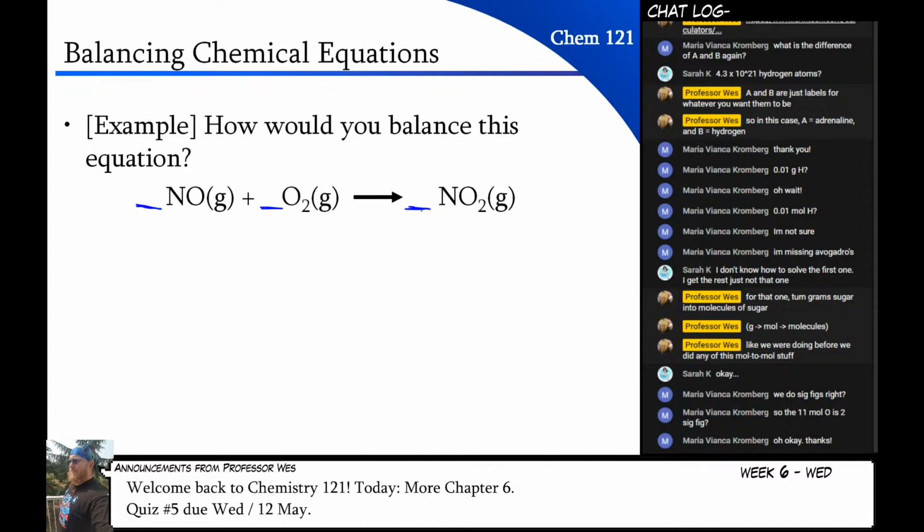This one's a little bit different because there are fewer products, which seems like it should be easier, but that can actually become a little bit obnoxious. So play with it a little bit. Type in your answer in the chat to the best of your ability.